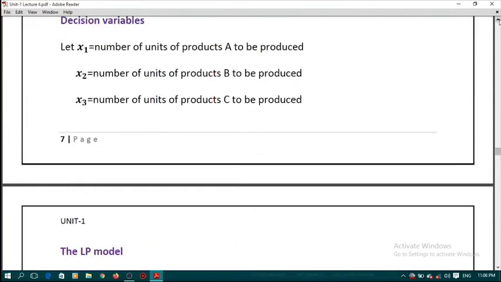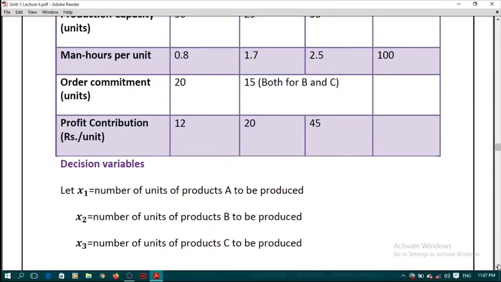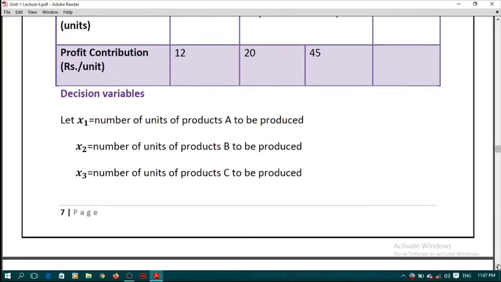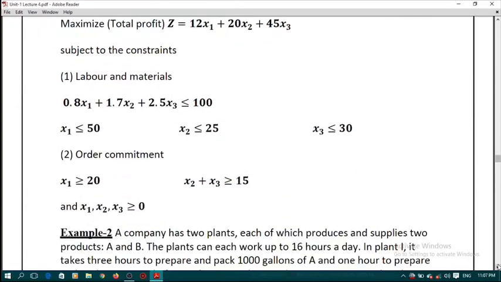Here in the table you can see the production capacity, and here we have manpower units. So by using this information, we have two different constraints. And the next constraint is order commitment.